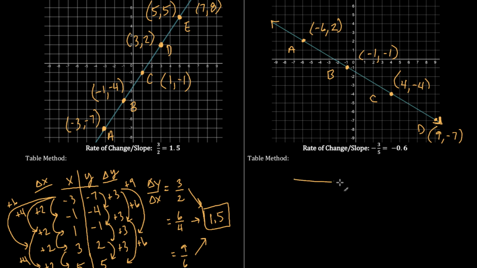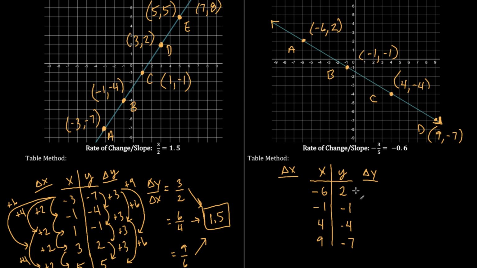So let's make a table. All right. Let's write in the x's and y's first. So -6, +2, -1, -1, 4, -4, and 9, -7. So let's talk about how the y changes, and let's talk about how the x changes. Let's find the slope.